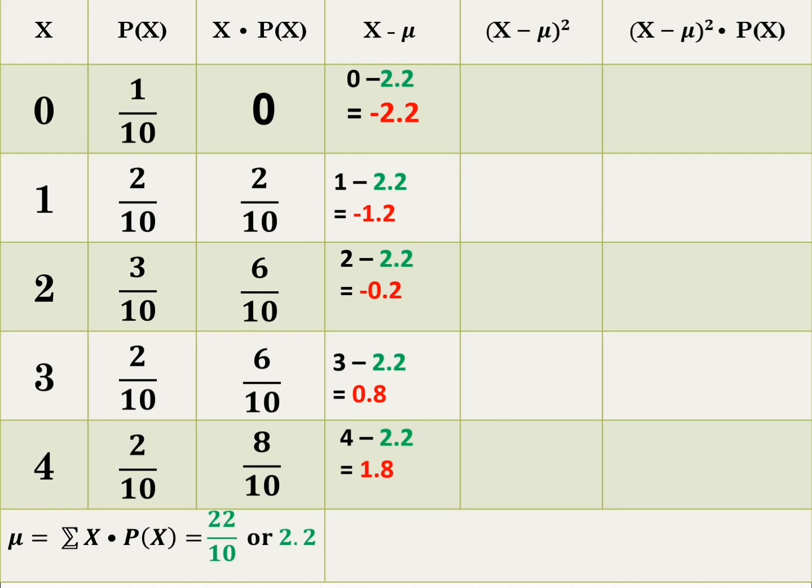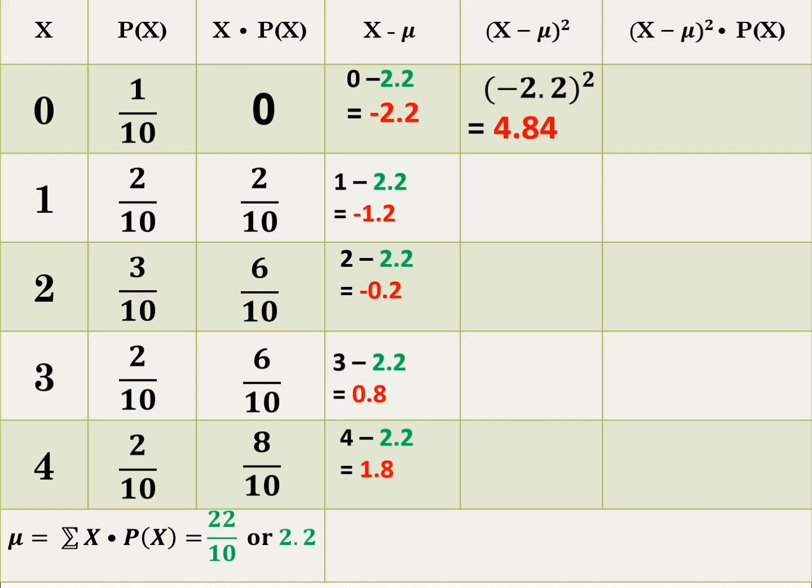And then, next step is to square the column of x minus mean. We're going to find the column of x minus mean quantity squared. Negative 2.2 squared is equal to 4.84. Imumultiply nyo lang yung negative 2.2 sa sarili niya para makuha natin yung column na to.